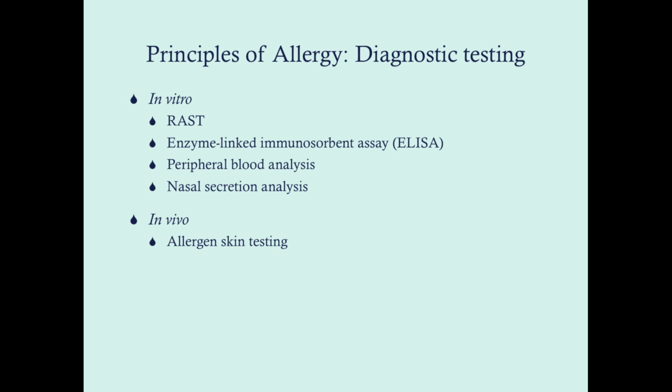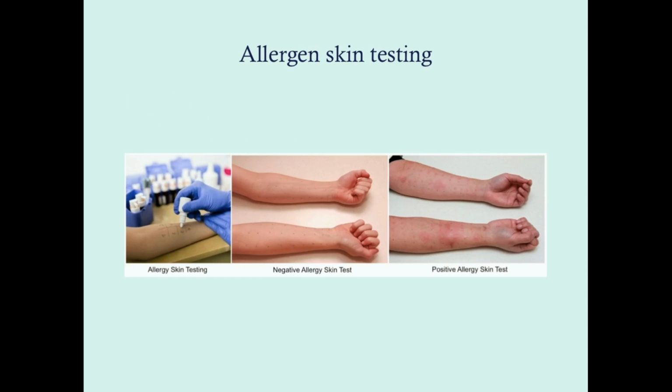They can do 40, 50, 60 allergens at a time, and they just mark these, and then they can see if there's a reaction, and if the patient is allergic to those various things. Other tests that can be done in vivo are provocation testing. So we see this when we're looking for asthma, the methacholine challenge test. We try to avoid this because, again, there's a risk of developing an anaphylactic reaction.